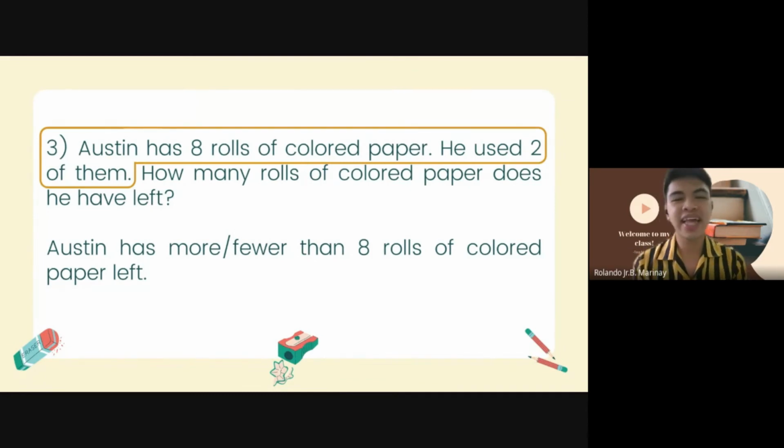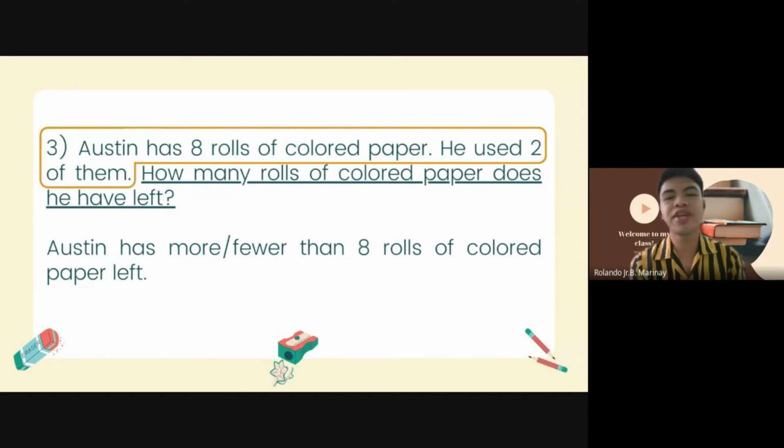And then the question part is usually put in the last part of the problem. So the question here is, how many rolls of colored paper does he have left? That is the question. After that, we will decide if Austin has more or fewer than 8 rolls of colored paper left.